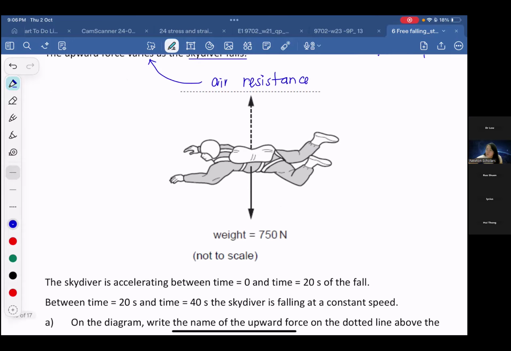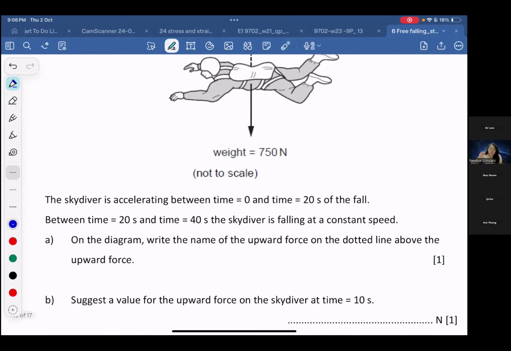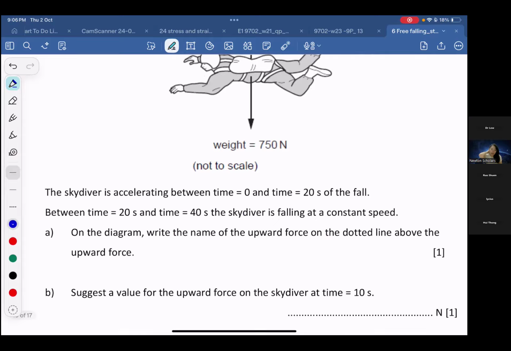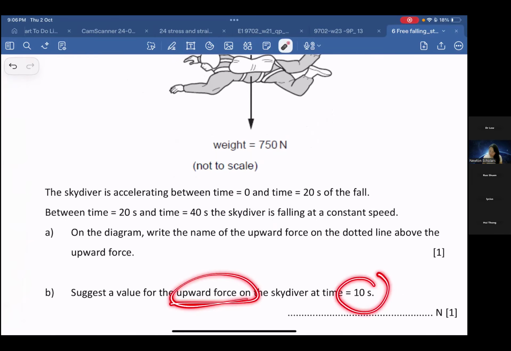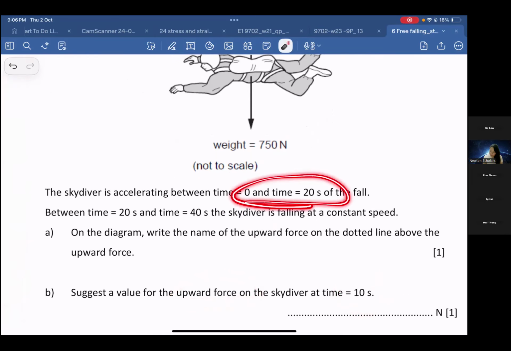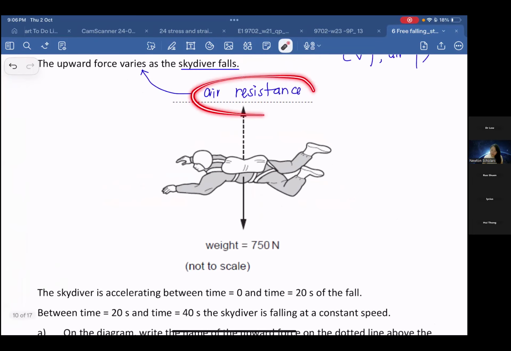Then we're going down here. Suggest a value of the upward force. What is the value for your air resistance? The upward force is air resistance, at time 10 seconds. Time 0 to 20 seconds is accelerating. The object is going down, accelerating. When it accelerates, can you tell me what is the value for this air resistance?